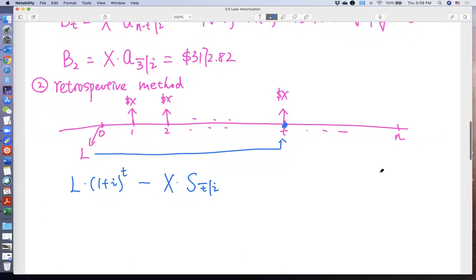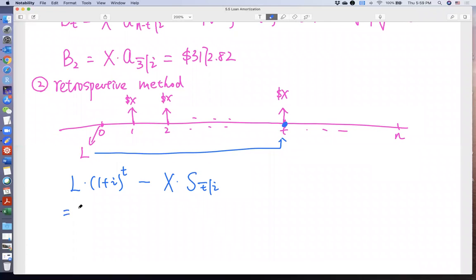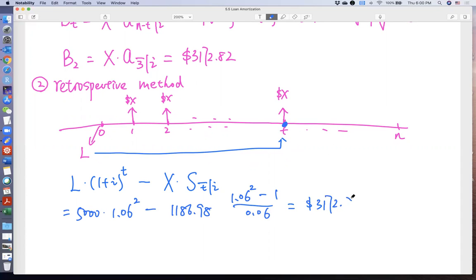Here, of course, you will get the same result. 1.06^2 minus 1, divided by i, so you will get the same result.